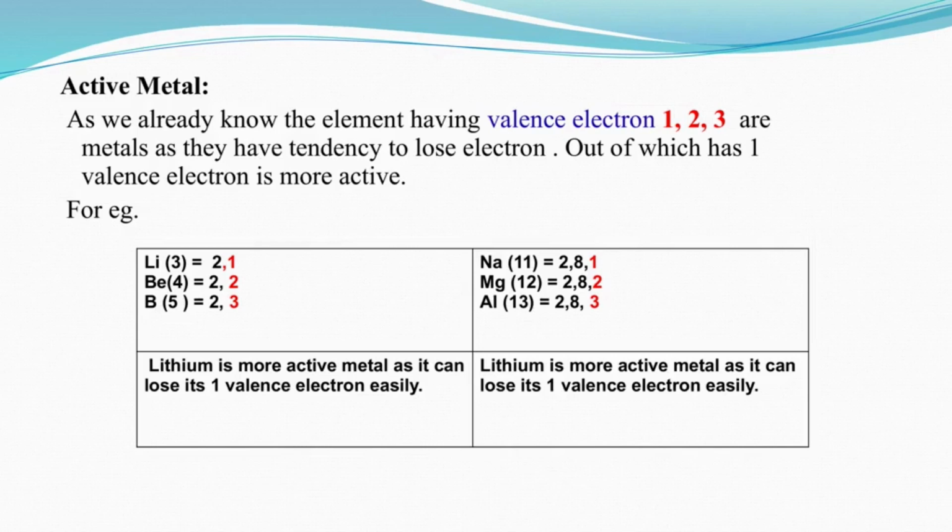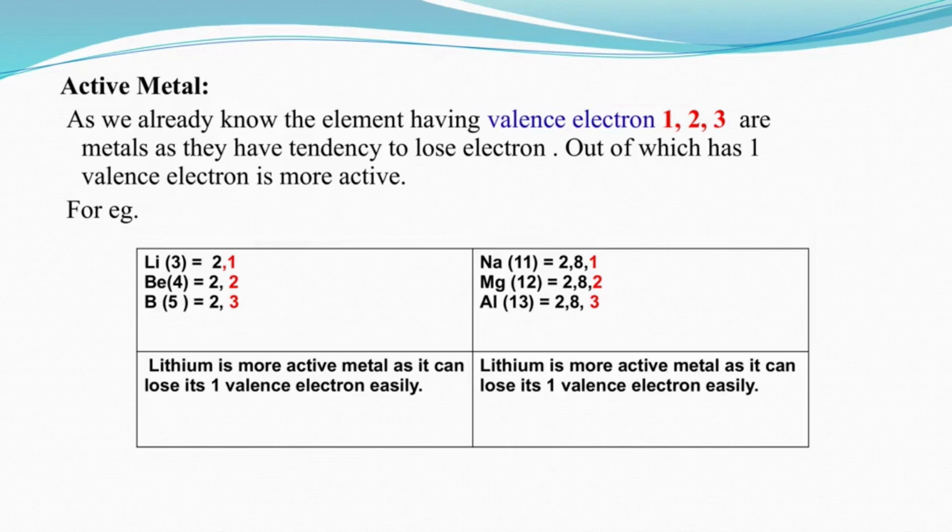Beryllium has 2 and more nuclear charge, so its tendency to lose electrons is much more difficult as compared to lithium. In the case of boron, losing 3 electrons is much more difficult than for the other elements. So lithium is the more active metal, as it can lose its 1 valence electron easily as compared to beryllium and boron losing 2 and 3 respectively.